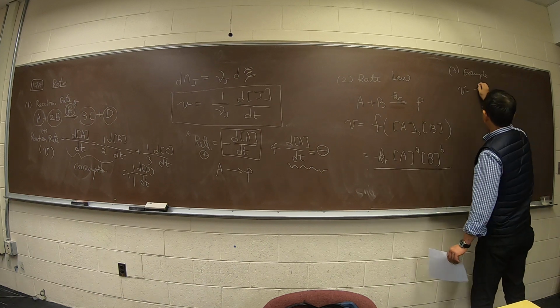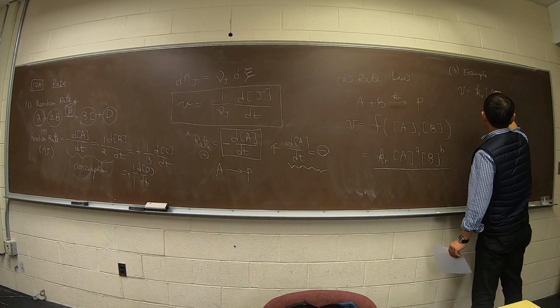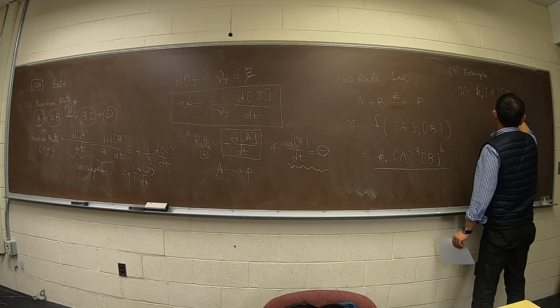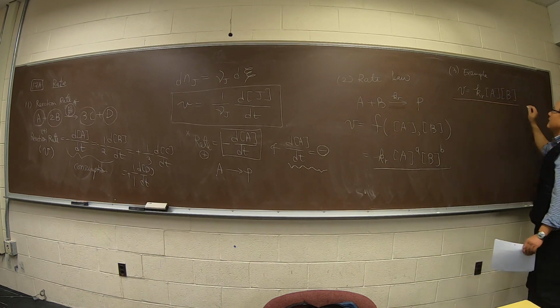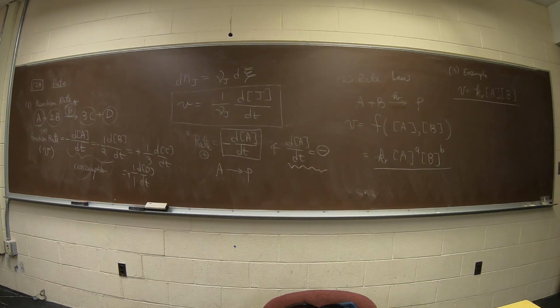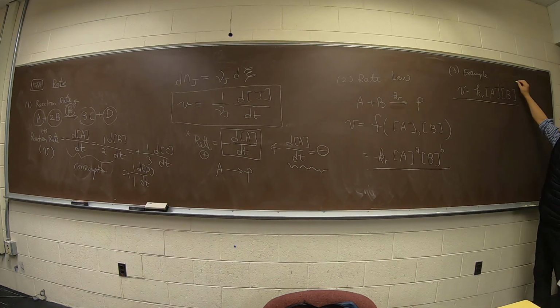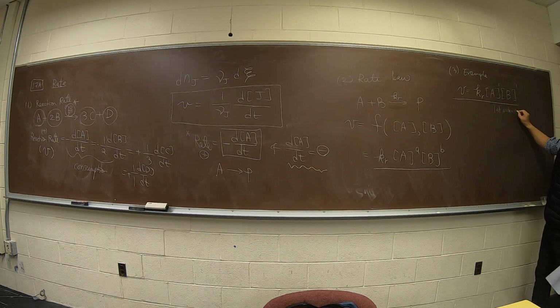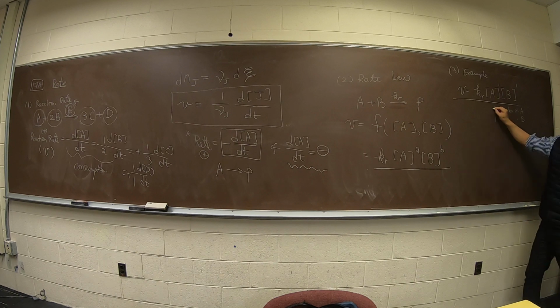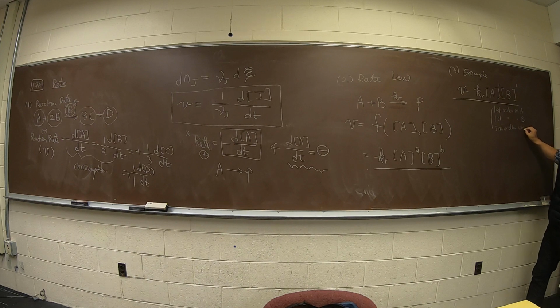The rate is now, let's say if I write it this way, that's okay. What I know is this is first and first. So it's first order in A, first order in B, right? And then what do you say? Second order overall. So those are the languages that people say.